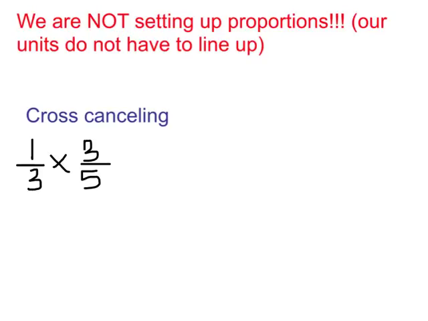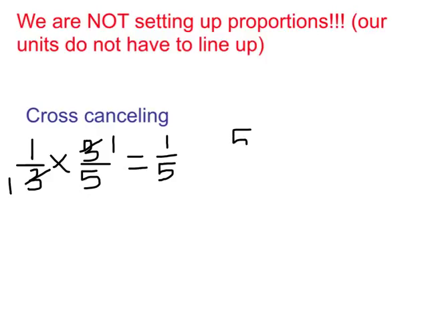For example, 1/3 times 3/5. I would check my diagonals to see if there are any common factors. I have a numerator of 3 on the right and a denominator of 3 on the left. Common factor is 3, so both of those cancel each other out and they become 1s. Then I would multiply with what's left and get 1/5.